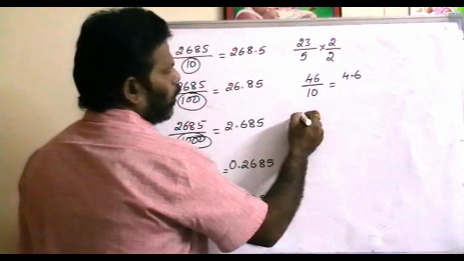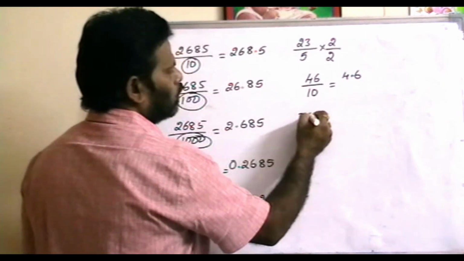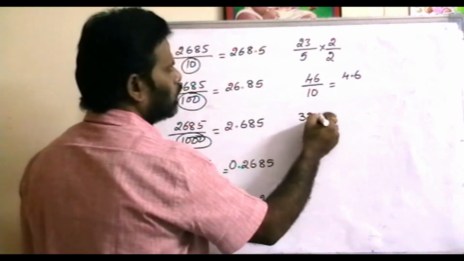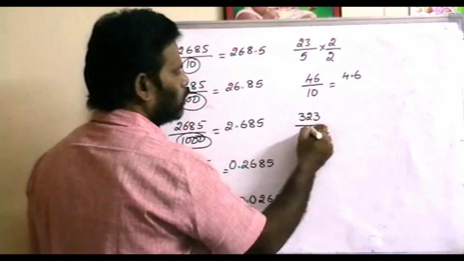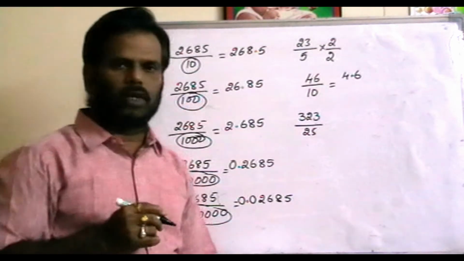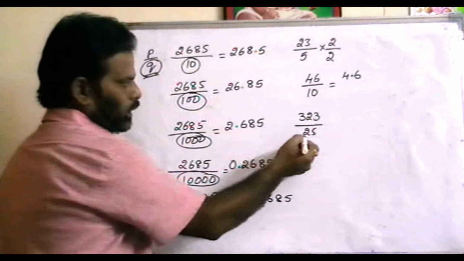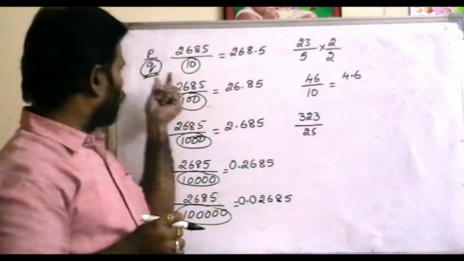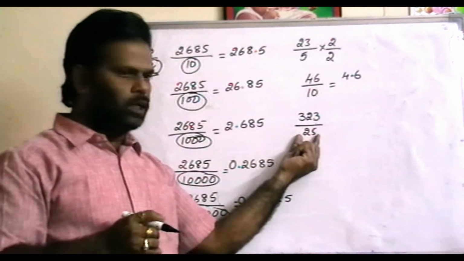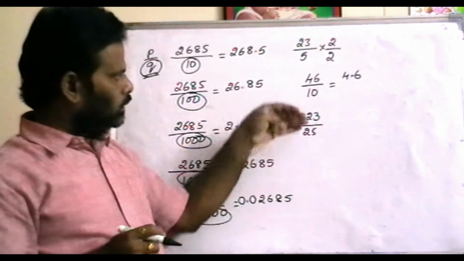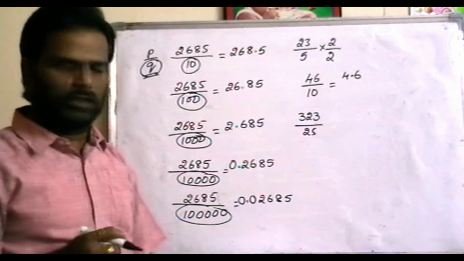Suppose 323 divided by 25. Now the denominator is 25. If the denominator q part, the 25, can be changed into the nearby round figure, then it is easy to change to the decimal form without division.